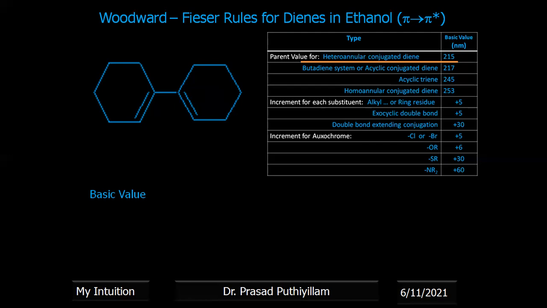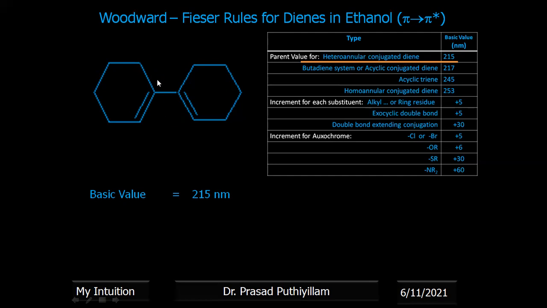So I did a great blunder. It is not a butadiene system, it is not an acyclic conjugated diene system. It is heteroannular conjugated diene. So correction. Mistakes will happen continuously if you do. I'll make mistakes. Human beings always make mistakes. Even police can make mistakes.